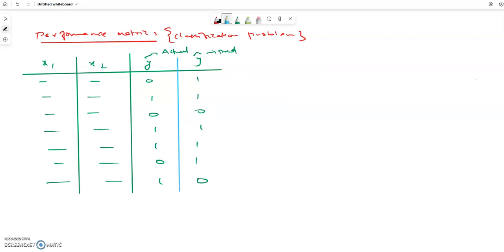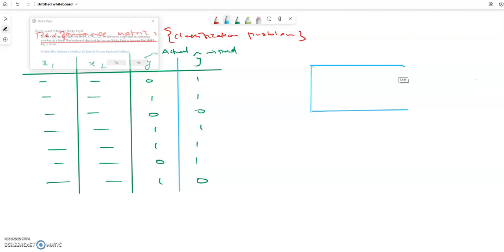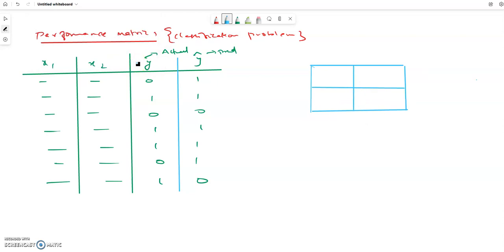Now let's build a confusion matrix. Let's talk about a confusion matrix before we get into this problem statement. Here I have two rows and two columns. Now let's say I have 1 and 0 here, and 1 and 0 here, and here it is actual, sorry, this is the actual value, and here it is the predicted one on this side.